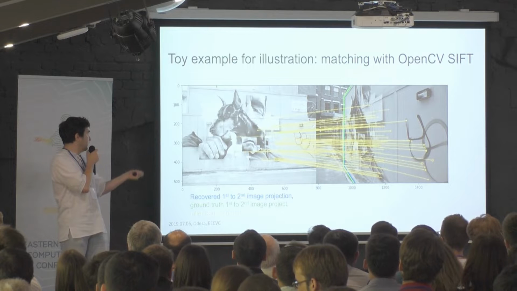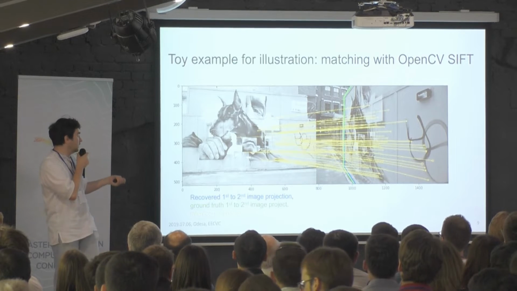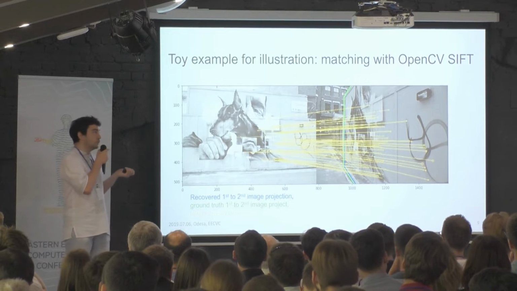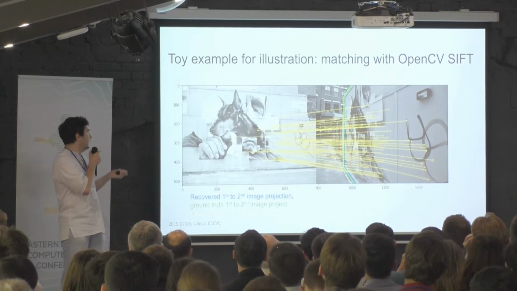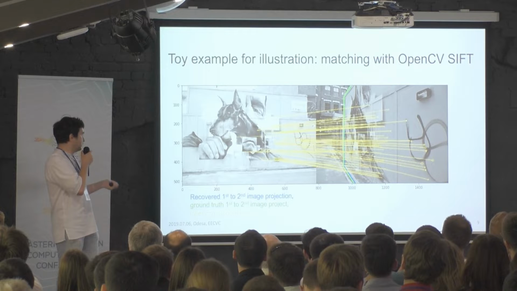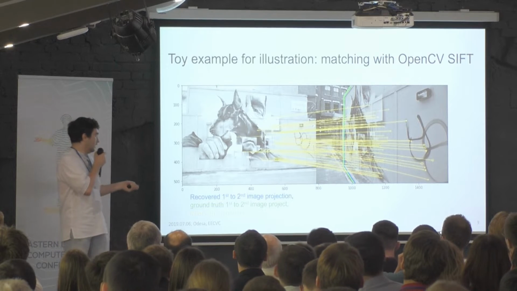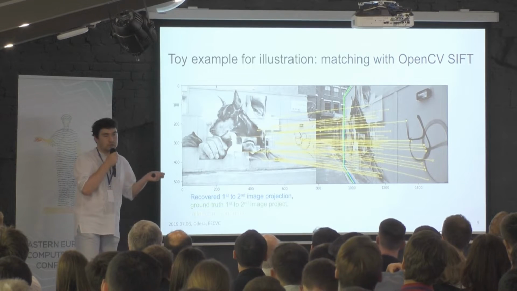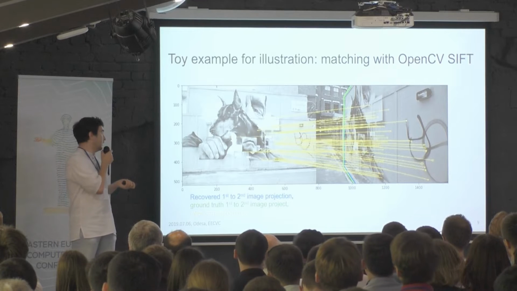Because this scene is mostly planar, we want to match one plane to another plane, and in the dataset there is this green stuff. This is how image 1 is projected to image 2, so this is like ground truth by the dataset providers.